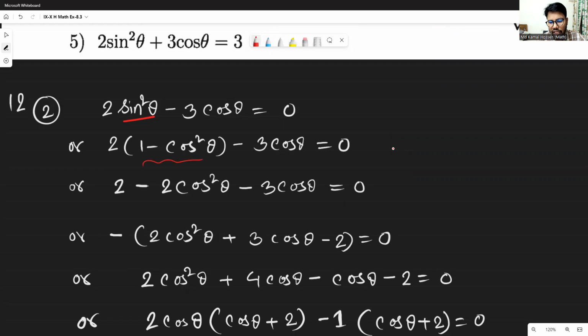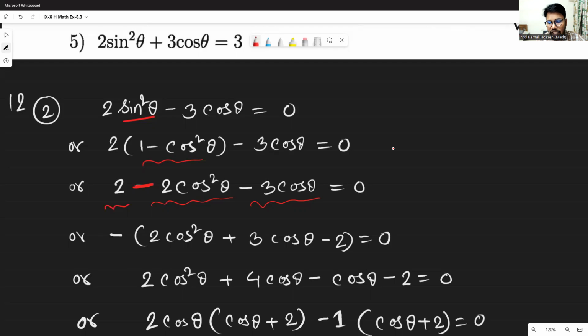Now do the simplification. If we convert this into standard form, minus 2 cos square is the first term, minus 3 cos theta is the second term, and plus 2 cos theta is the third term. But in the first term, the leading coefficient, we see a minus sign. That's why we have to take minus common.